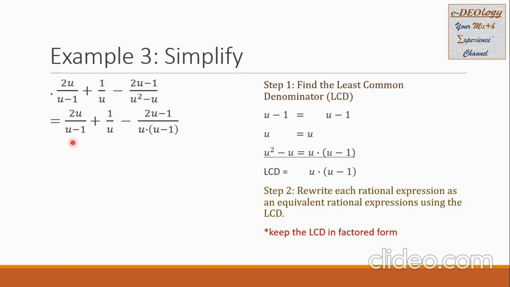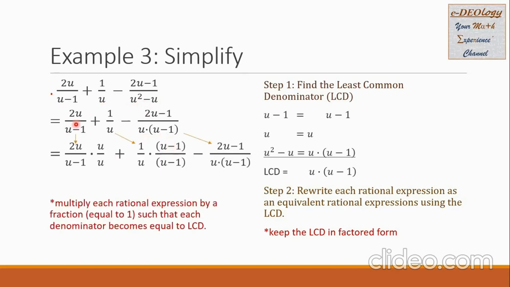Our first rational expression, the denominator is u minus 1. It is already simplified, there is no change. Also for the second rational expression, the u is simplified, there is no change. For the third rational expression, the denominator is u square minus u. We will now put the factored form u times the binomial u minus 1.